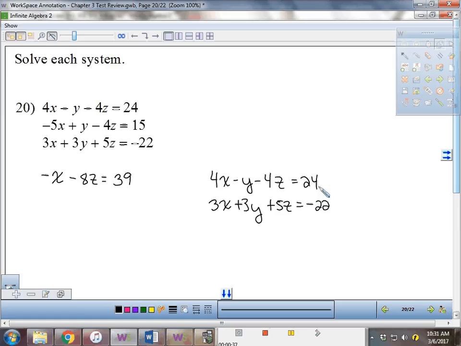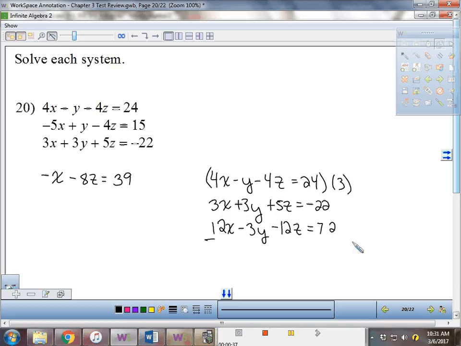So I'll multiply this top one by 3. So that would give me 12x minus 3y minus 12z equals 272.